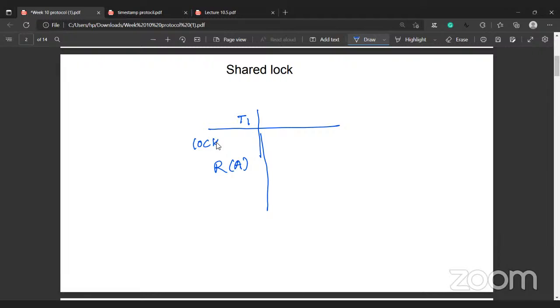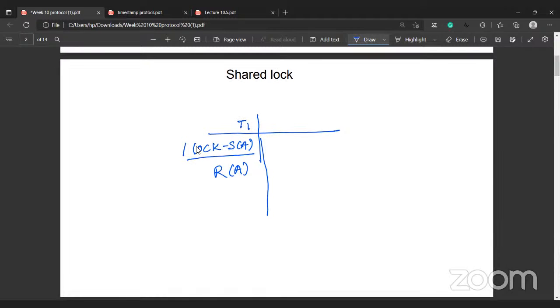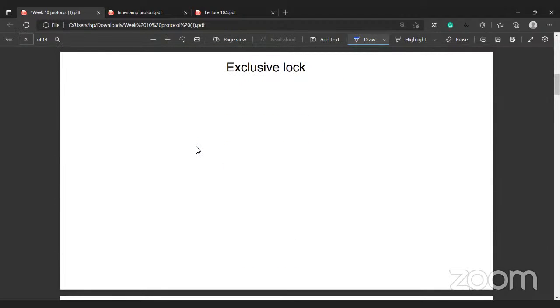It is written like this: lock, then shared lock. If any transaction wants to perform only a read operation, then we can apply a shared lock. Everyone got it? What is shared lock? Yes. Okay.